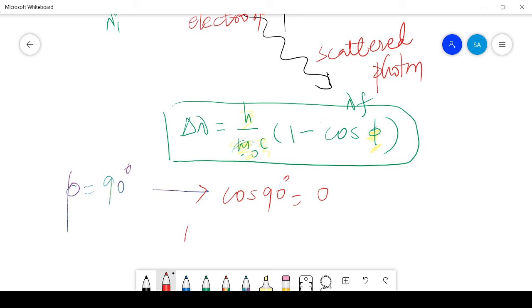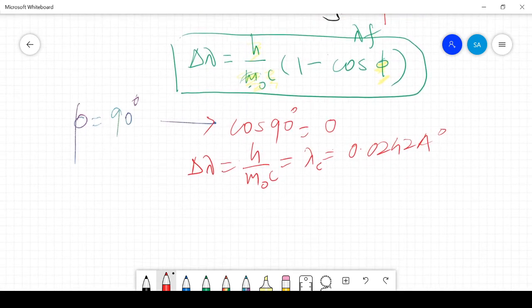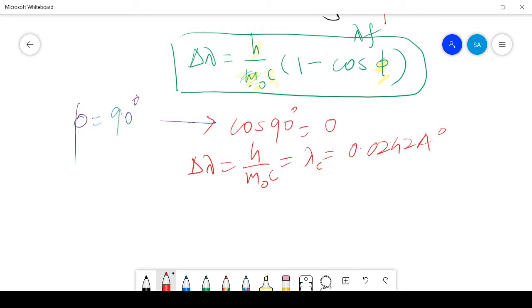Then your del lambda is equal to h divided by m naught c. This is known as the Compton wavelength, and its value is 0.0242 angstrom. So here at 90 degrees, the shift in wavelength is 0.0242, that is, the wavelength increases by this amount.